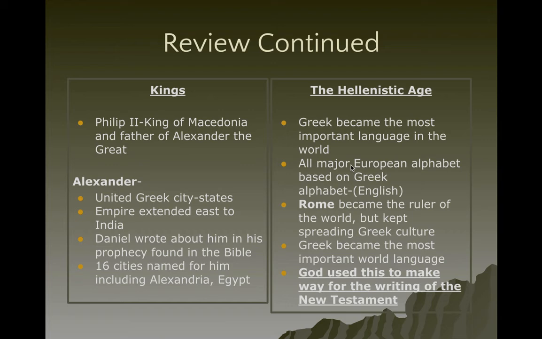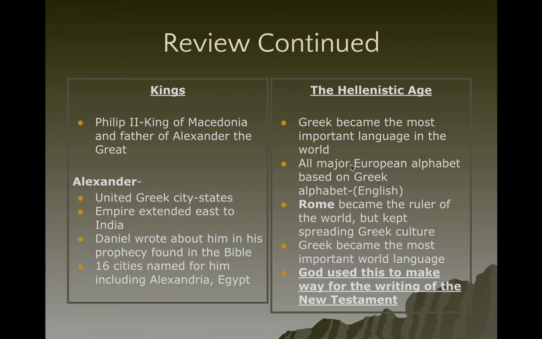In the areas that he conquered, he kind of liked to have cities named after him. And so when he conquered Egypt, there is a city there that they named Alexandria, Egypt. And that was a pretty big famous city, the most famous city probably named after him. Okay. And the age after Alexander died was called the Hellenistic Age.